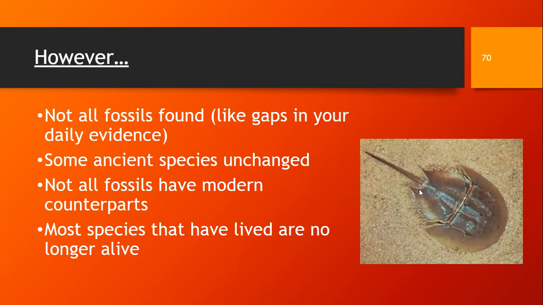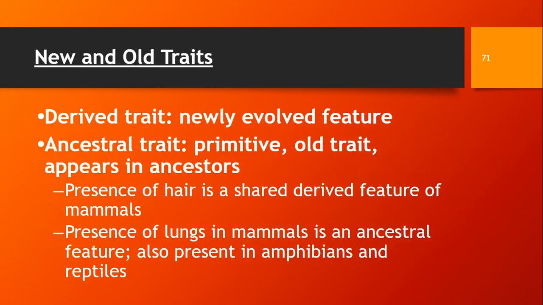But other things like mammals or birds hadn't been around all that long. So talking about some traits, we have derived traits. This is something that is newly evolved, so something that is recent in terms of evolutionary time.